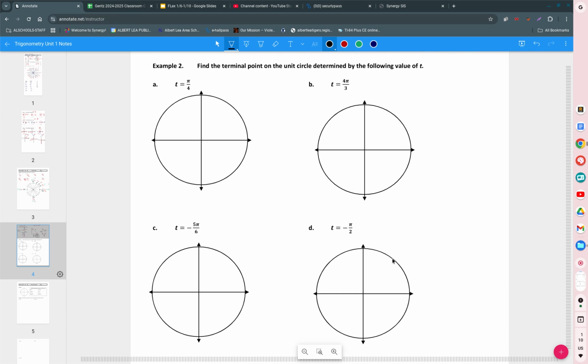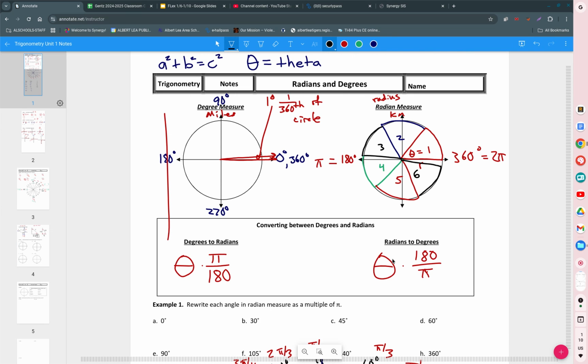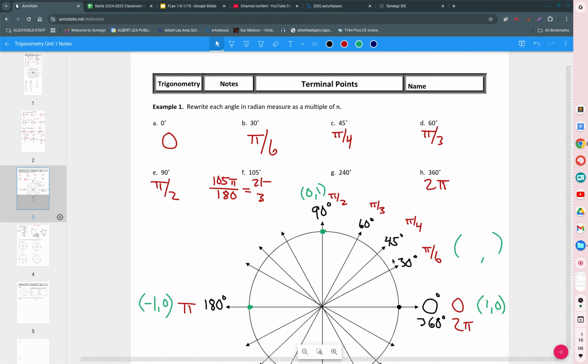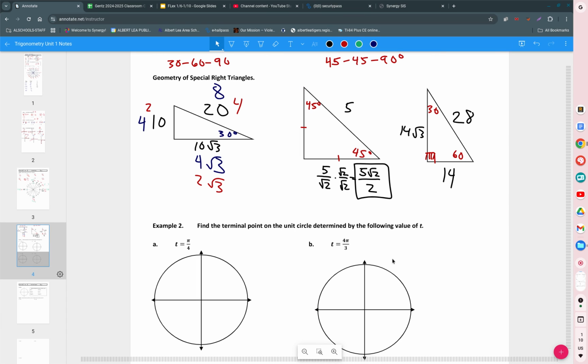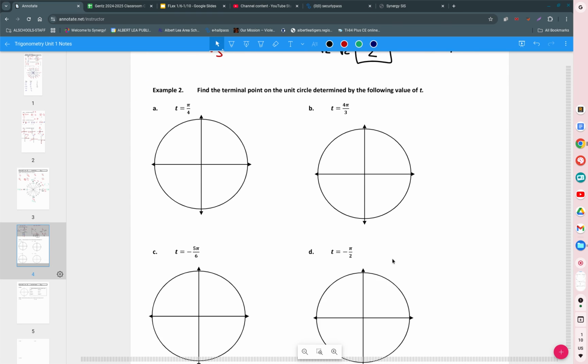So we're going to use that to start to find these coordinates right here along our unit circle. Okay, and we're going to start with this one right here, which is pi over 4. Okay, so I'm going to take pi over 4. What is that in degrees? 45. Okay, and so what I do is I draw a 45-degree angle.